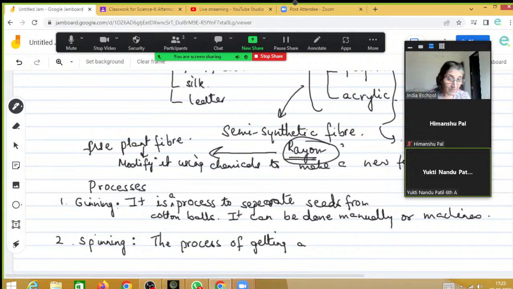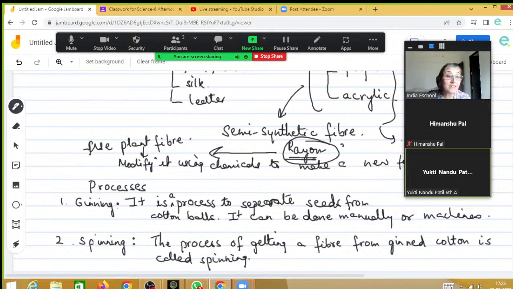Ginned cotton, which has been ginned, meaning the seeds have been removed. The process of getting fiber from ginned cotton is called spinning. Okay? Now let us see. Is there any other process required? What do you think would be the process required after spinning?